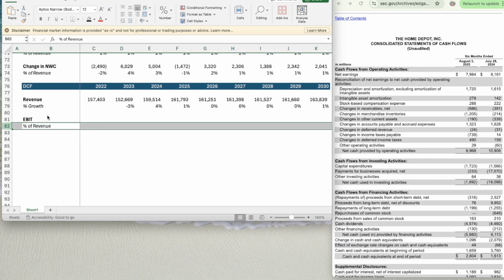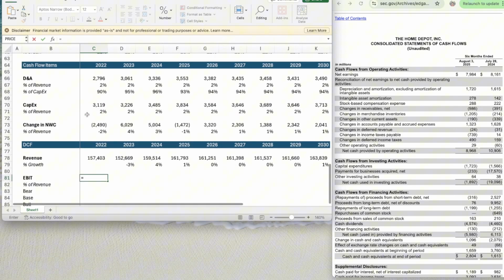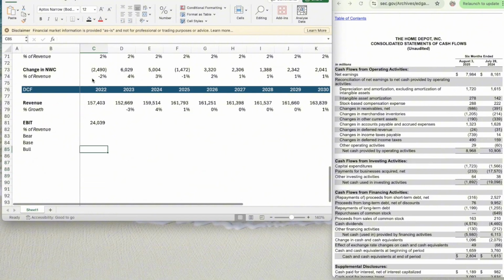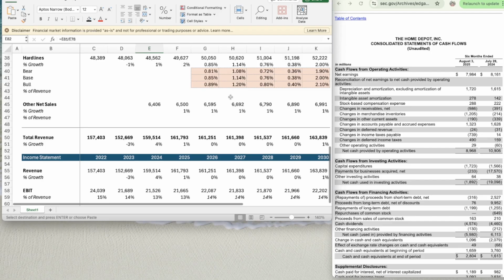Now we are going to create the switches for the EBIT. So we copy the EBIT up to 2025. We get it there. And then we do the usual, get it as a percentage of revenue. We've got that margin there. We come up here, and then we want our boxes.